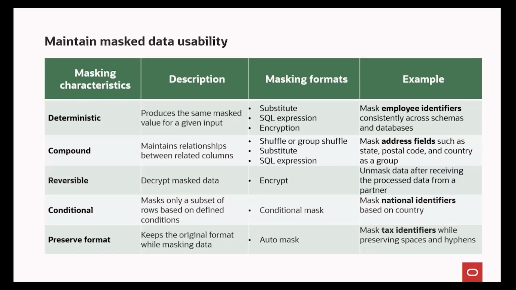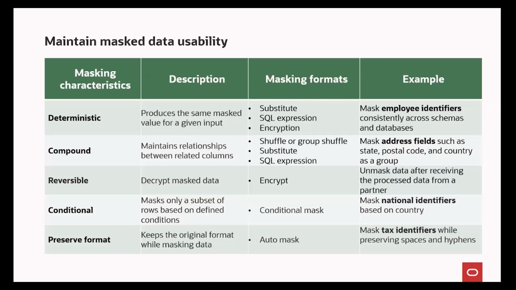Compound masking, the simple description for compound masking, is maintaining the logical relationship across your columns, right? In this case, let's say you have address related fields, city, state, country.